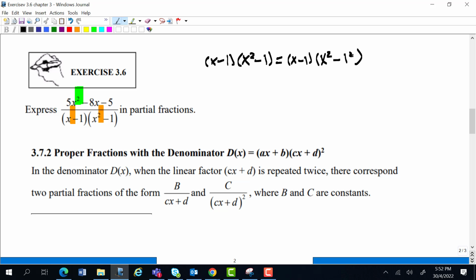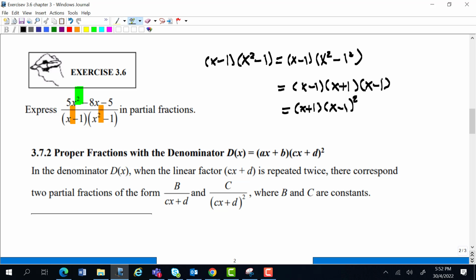Now x squared minus 1 squared can be factorized into x plus 1, x minus 1. So eventually you get x plus 1 times x minus 1 squared. So x minus 1 squared is repeated 2 times.